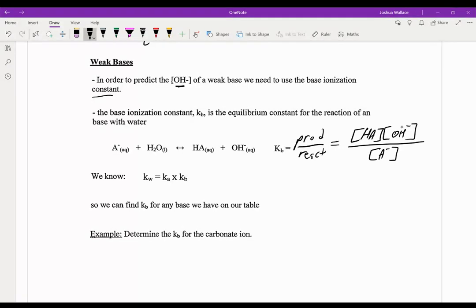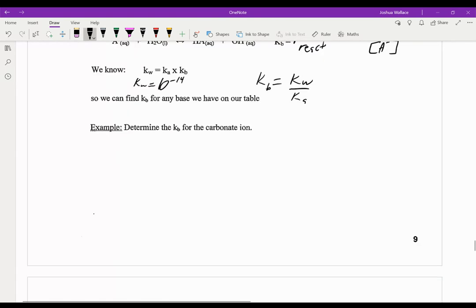And we know that Kw is equal to Ka times Kb. Just a quick review, Kw is 1 times 10 to the negative 14, so we can even just say it's 10 to the negative 14. And then to find Kb, we would just go Kw over Ka. So we can find Kb for any base we have on our table.